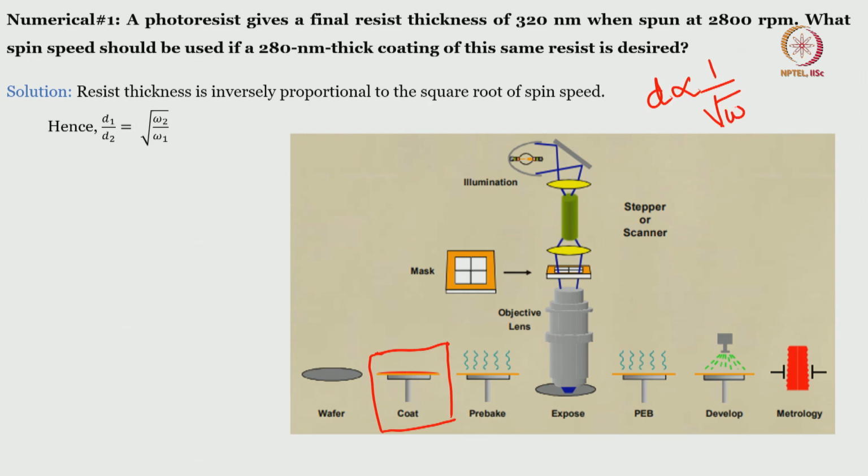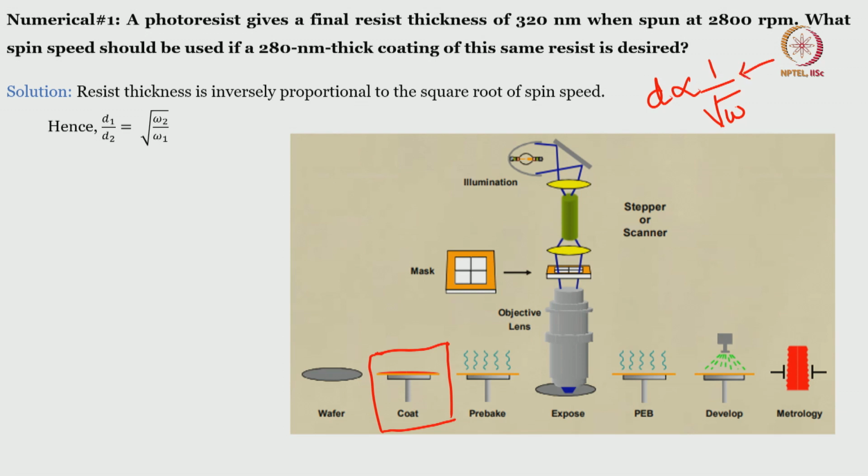So, we can feel that the higher the spin speed, the lower the thickness, and the lesser the spin speed, the higher the thickness. But how much higher or how much lower, how can we identify the relation? So, this is the relation between them.